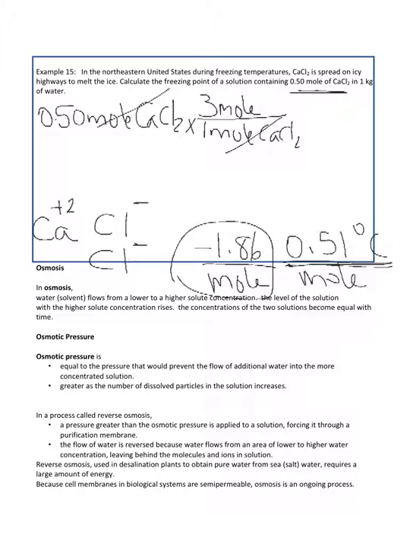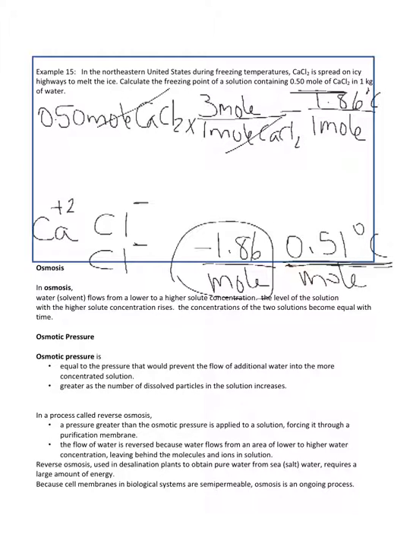Now we can use our factor over here that says that for every 1 mole of particles, the freezing point is decreased by 1.86 degrees Celsius. So let's see how much we've actually decreased the freezing point. We started with a 1/2 mole times 3 for 1.5 times 1.86, which tells us that we've decreased the freezing point by 2.79 degrees.